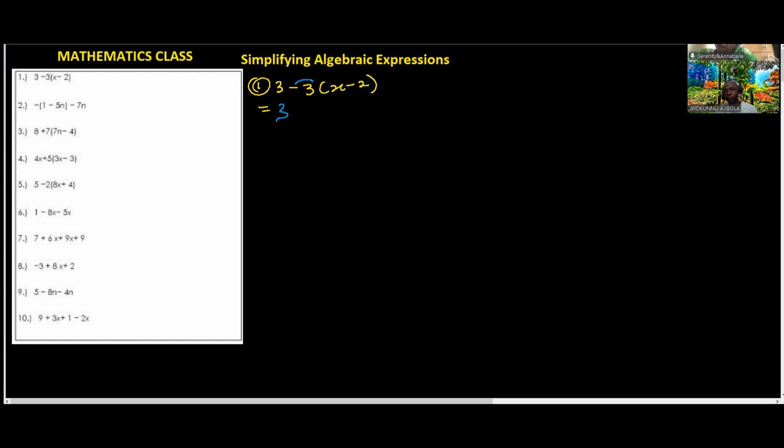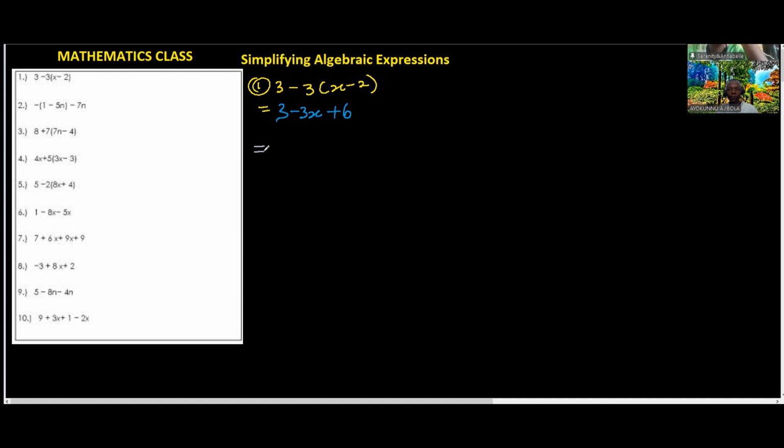Exactly. So minus 3 times x becomes minus 3x. Then minus 3 times the other minus 2 is going to give us positive 6. So we have two numbers there, yes or no? And we have another one that has an x.